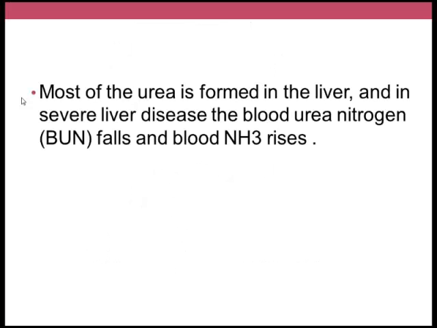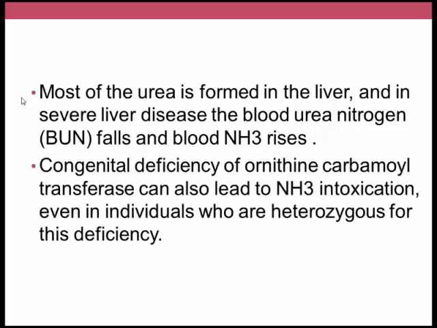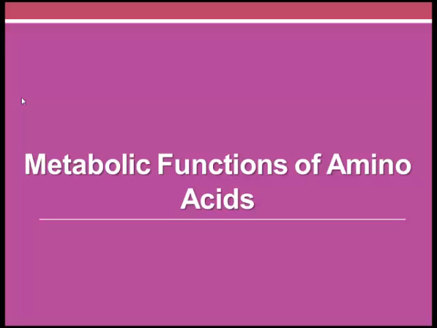Most of the urea is formed in the liver, so the main site of production of urea is the liver, and in severe liver diseases the blood urea nitrogen falls and the blood ammonia rises. Again, congenital defect or deficiency of ornithine carbamyl transferase can lead to ammonia intoxication, even in individuals who are heterozygous for this deficiency. These patients may have coma, disturbed consciousness level, or encephalopathy.